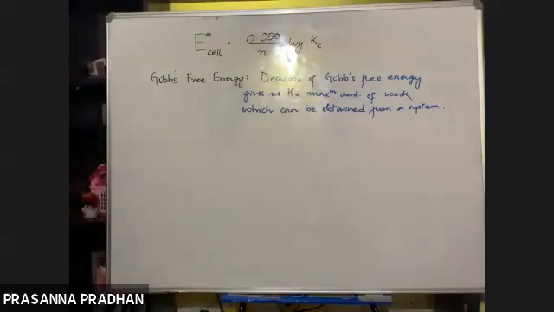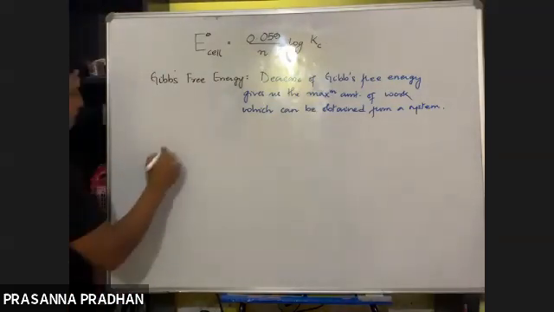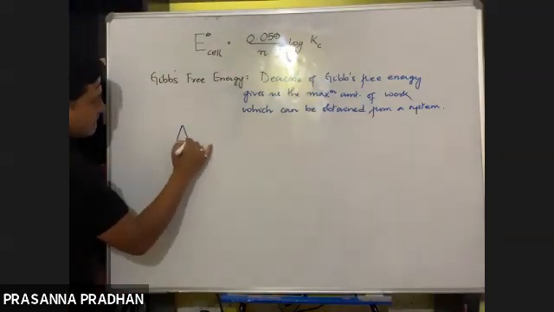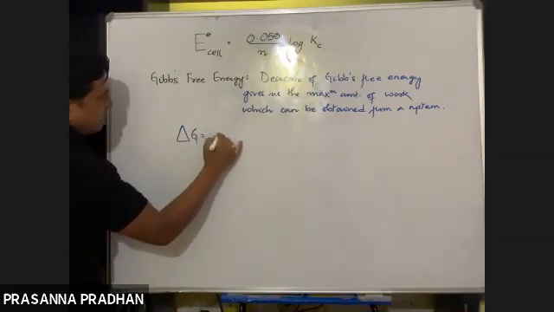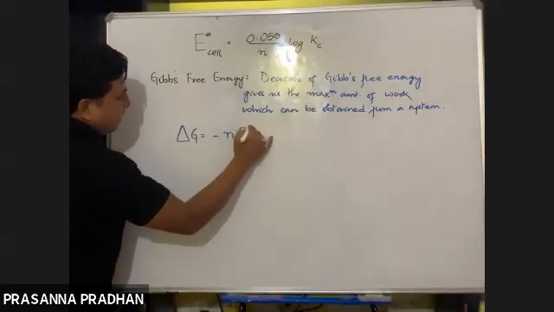And remember, delta G equals minus nF E cell.